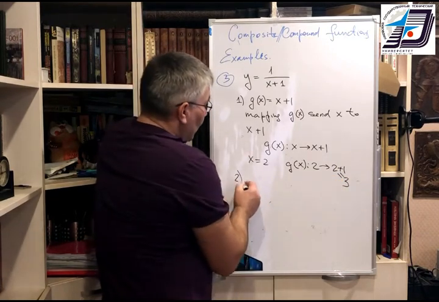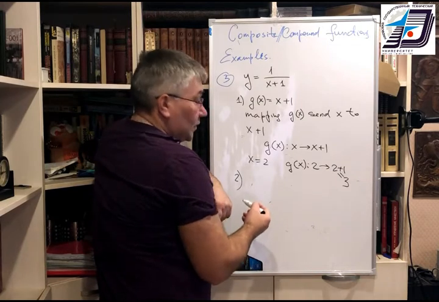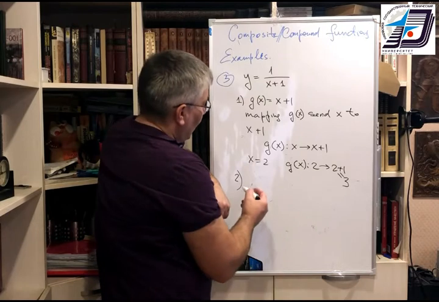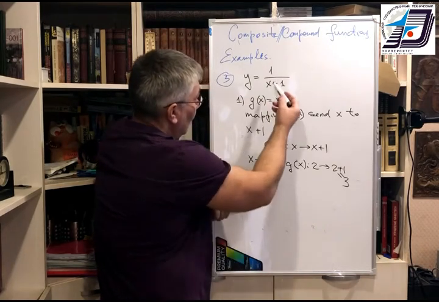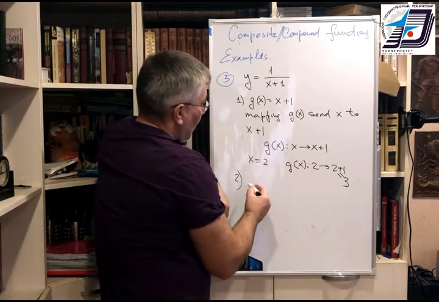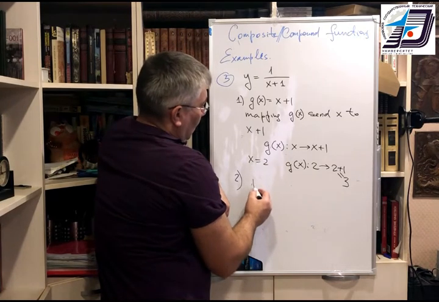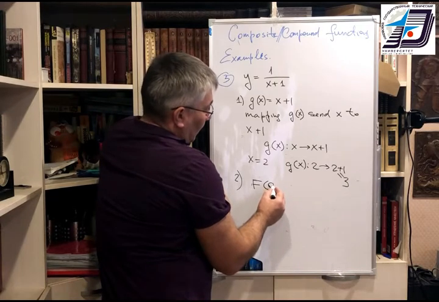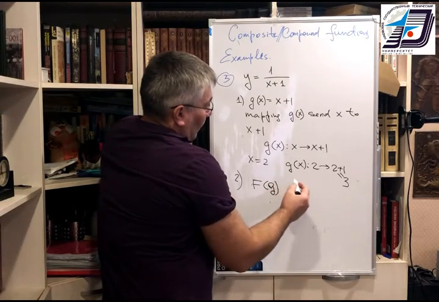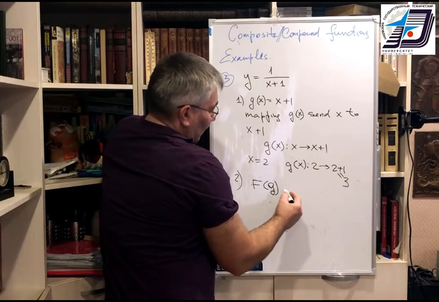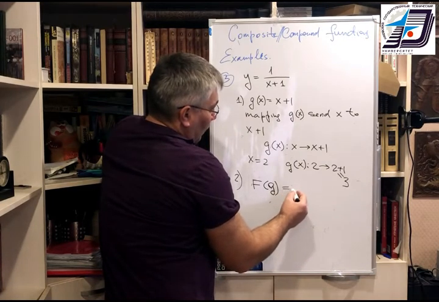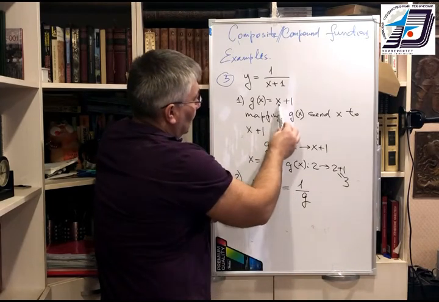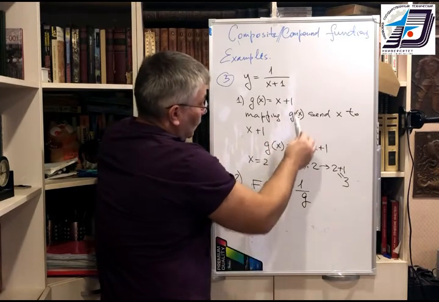And the second operation here is division. We have to divide 1 over this new value. So I denote it like f of g, which is 1 over g.